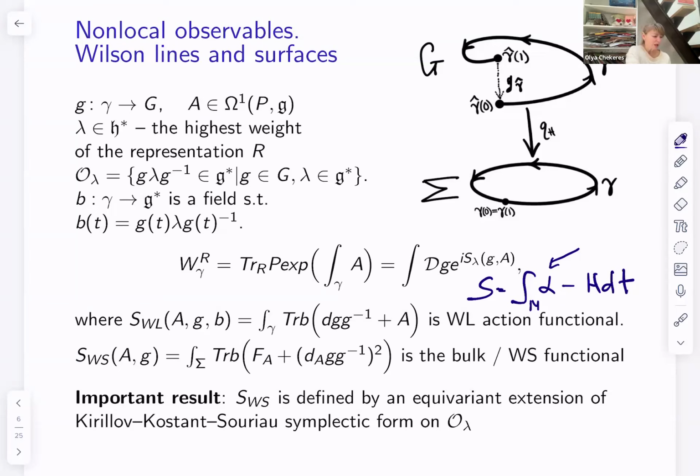Okay, so this is how the action for the Wilson line is defined.